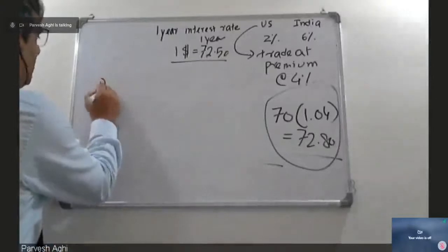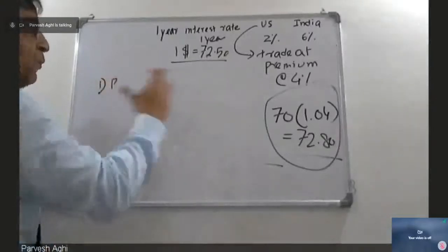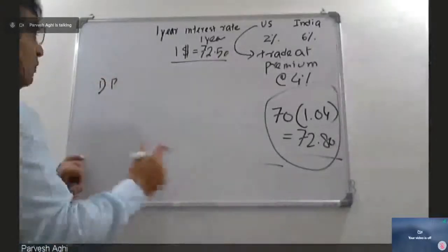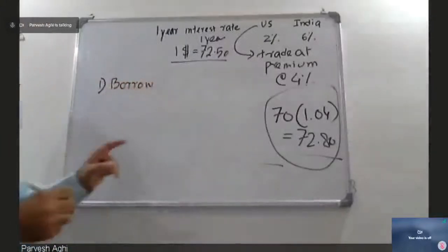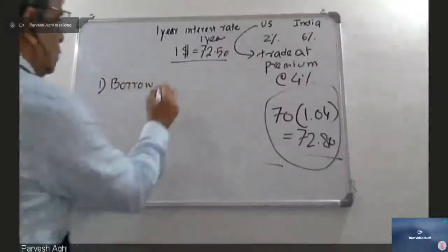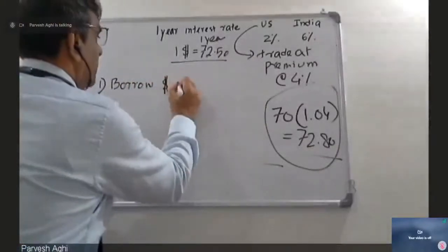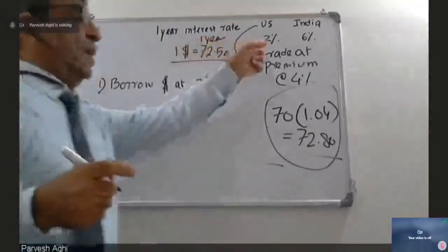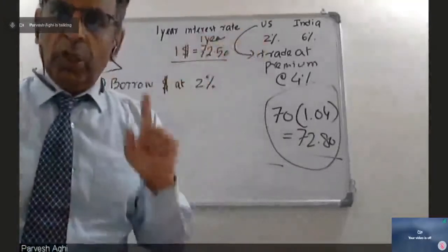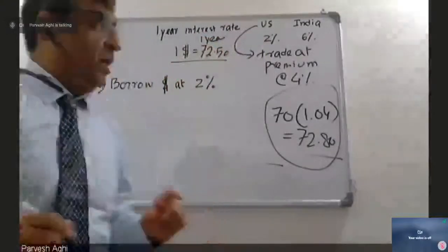First step, what an arbitrageur will be doing, so money will start to flow into India in the form of dollars. So you will borrow dollars, either you are Indian or an American, you are going to borrow dollars at 2%, because in the US the rate of interest is 2%, so you can borrow the dollars at 2%.